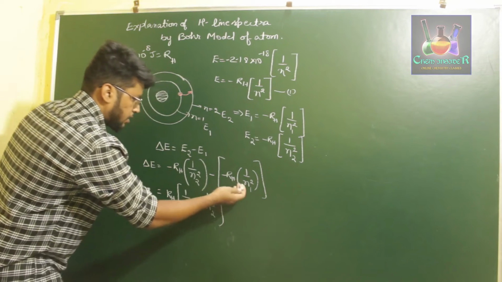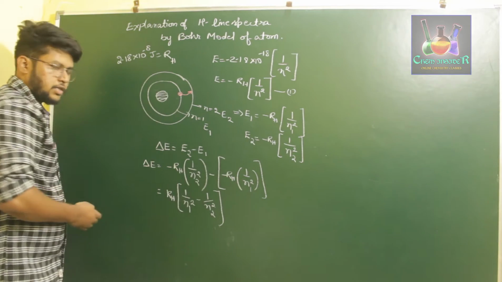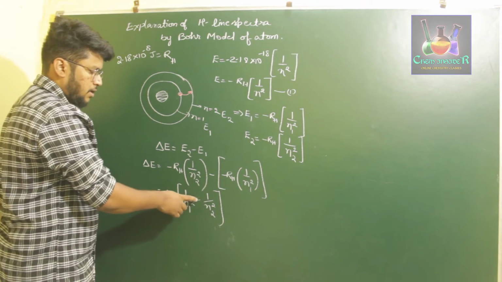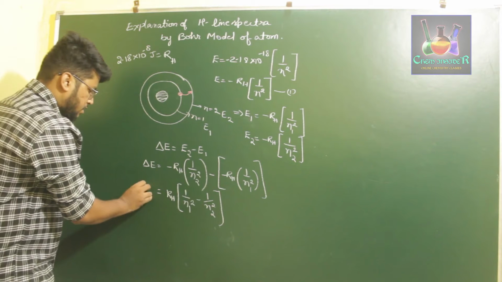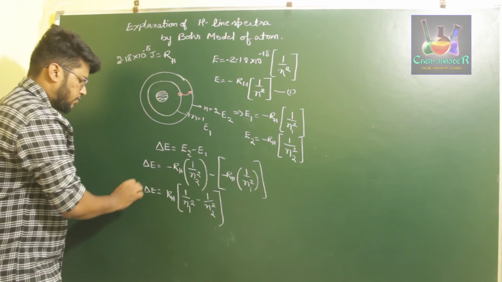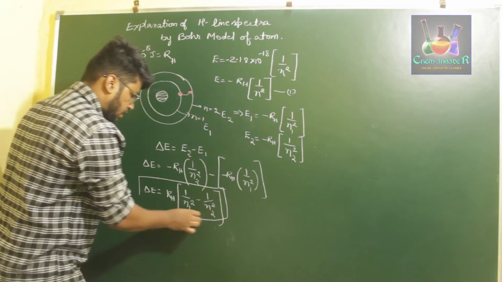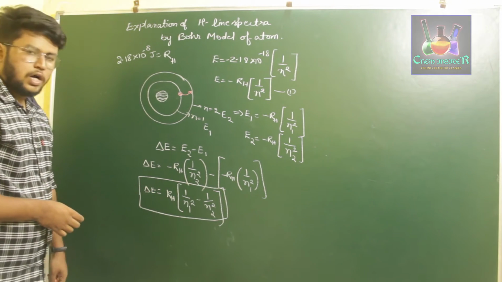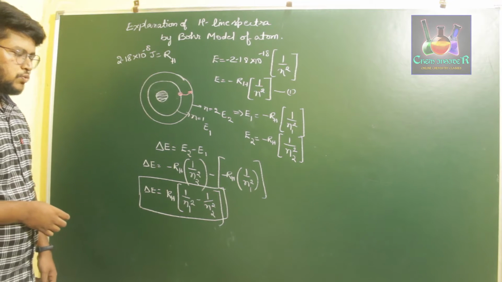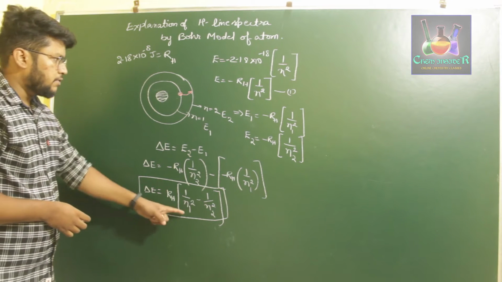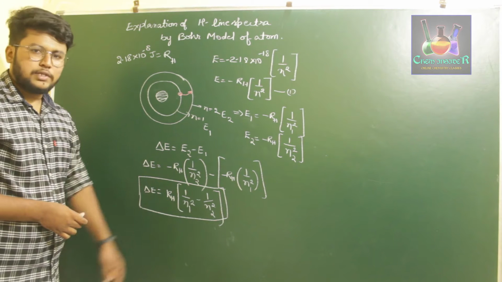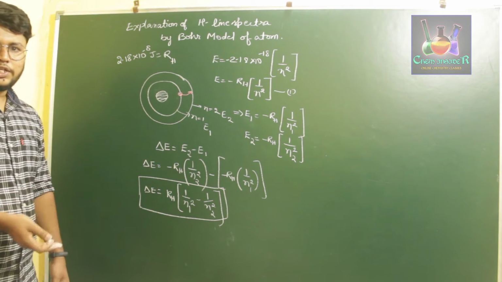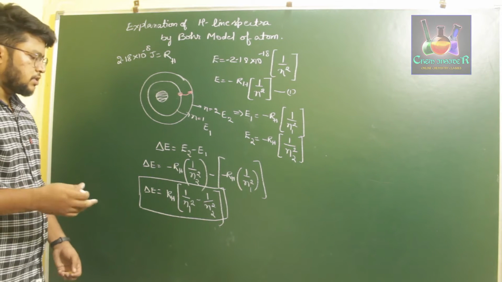This is the expression for the energy difference of two levels in a hydrogen atom, where n1 is the initial state and n2 is the final state. If you want, you can take these as ni for the initial state and nf for the final state. It doesn't matter whichever you take.